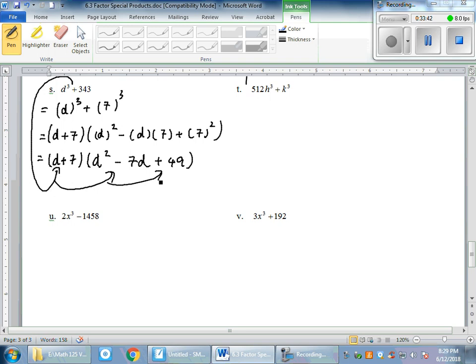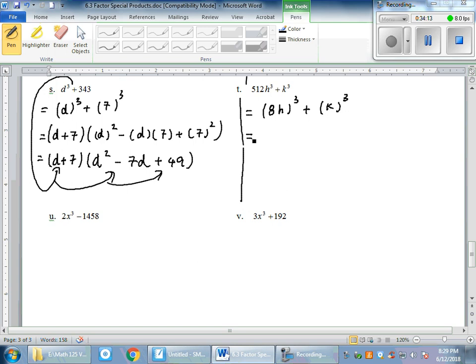Let's continue with the next one, 512. Guess what number is 512? It is 8 to the third power. So 512 is a perfect cube number, and we only have two terms, so I can rewrite it as 8h to the third plus k to the third, sum of two cubes format.